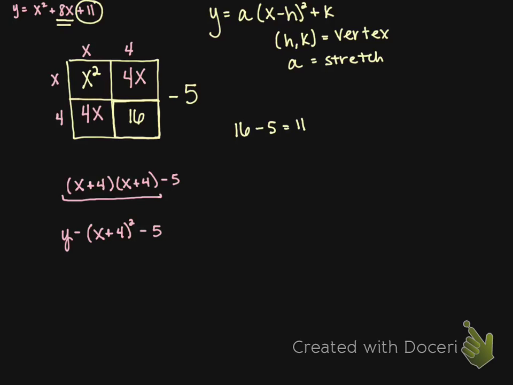And since it is an equation, we don't want to forget that y equals out in front. There we have the quadratic y equals x squared plus 8x plus 11, rewritten in graphing form as y equals the quantity x plus 4 squared minus 5.